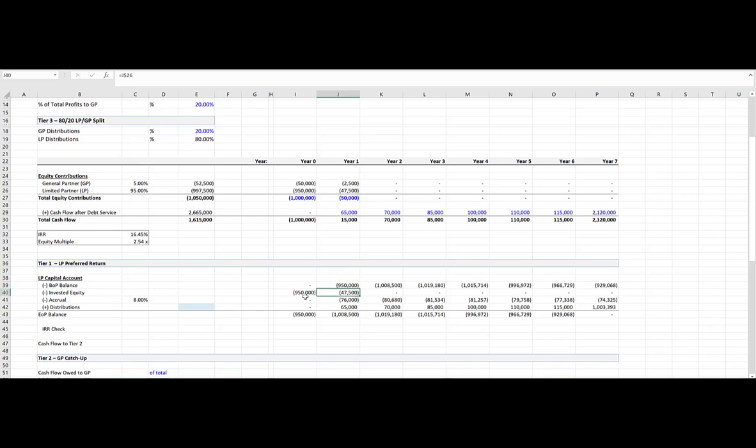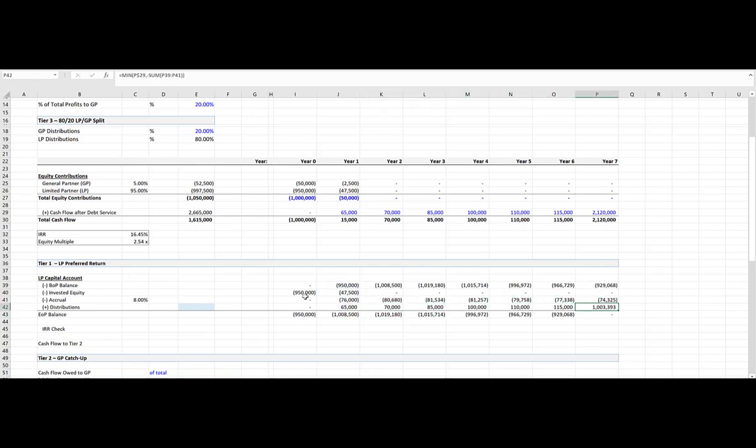The LP had contributed another $47,500 in year 1. And the LP received, or was due rather, $76,000 in year 1, which is 8% of the outstanding balance from the previous year. But there's only $65,000 in year 1 to distribute. So they get all of that $65,000, and then the balance is what's still outstanding.